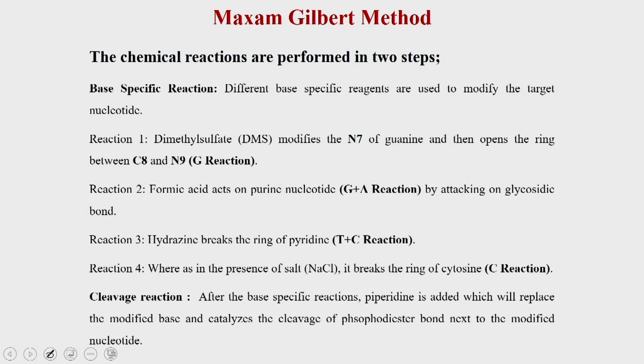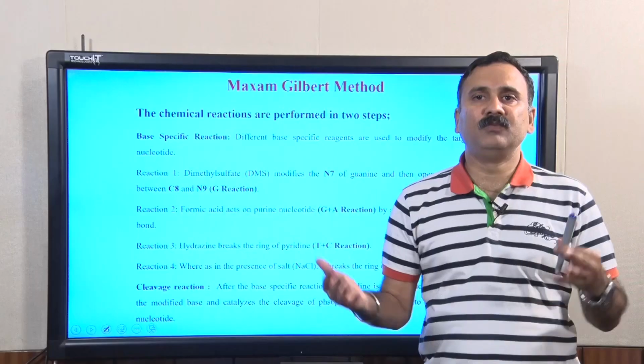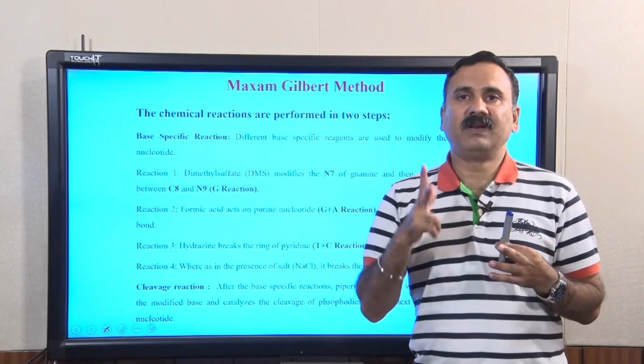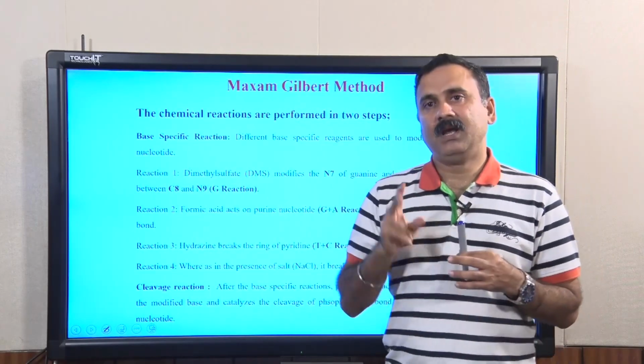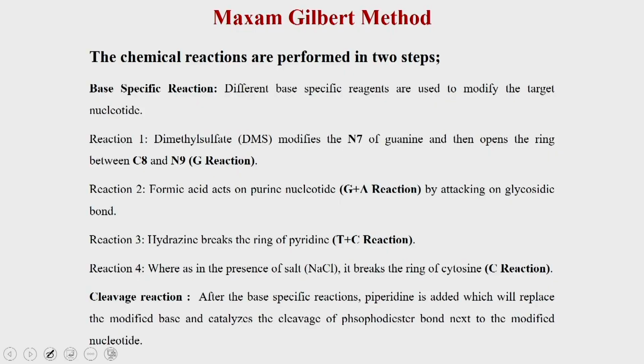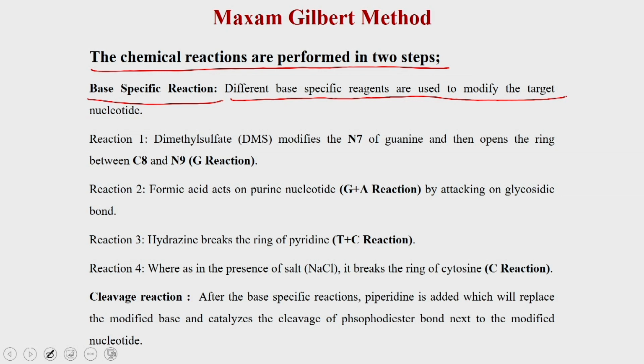For the Maxam-Gilbert method, the chemical reactions have to be done in 2 different steps. In step 1, you perform the base specific reactions to modify the nucleotides. You have to do this for guanine and all the other nucleotides.